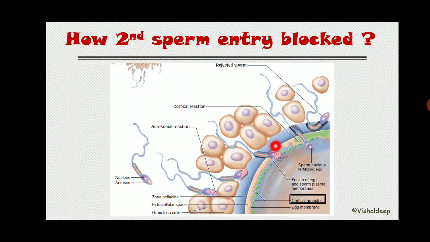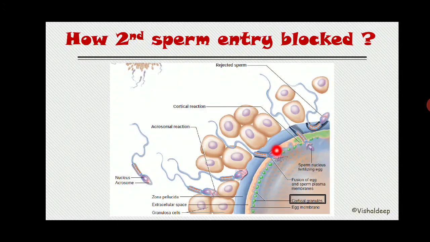Let me repeat one more time. First, once the single sperm entered inside the oocyte membrane, cortical granules will diffuse inside this extracellular space, the perivitelline space, and make a mechanical barrier to entry of the sperm. Second thing, the actual substance that is released by these cortical granules has a certain enzyme. If we become more precise, it has a protease and glycosidase enzyme.